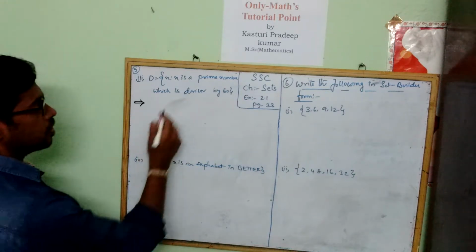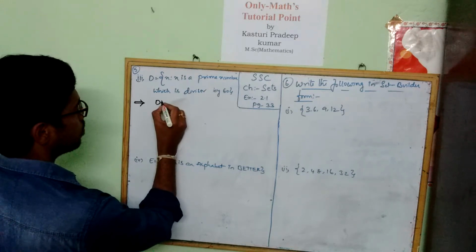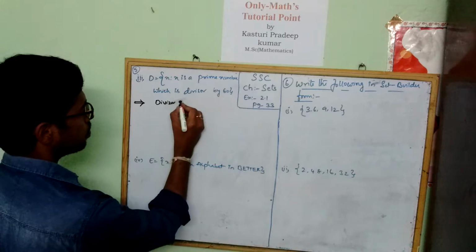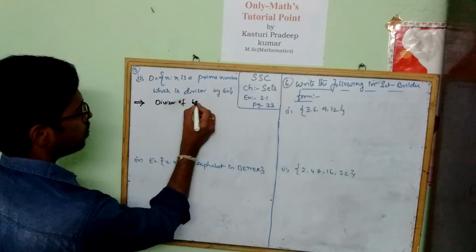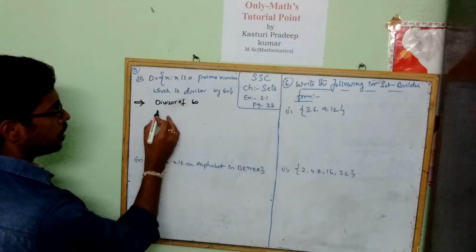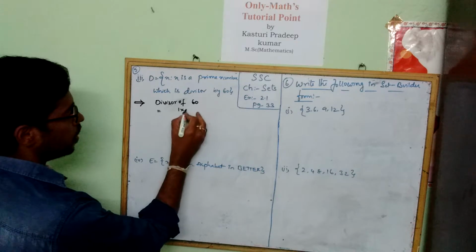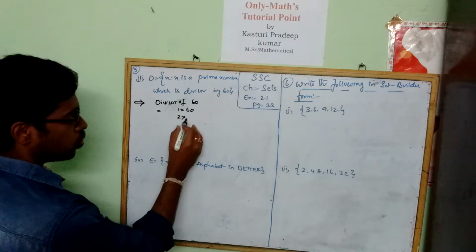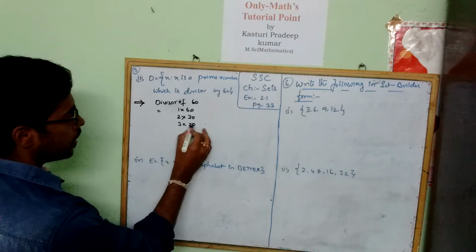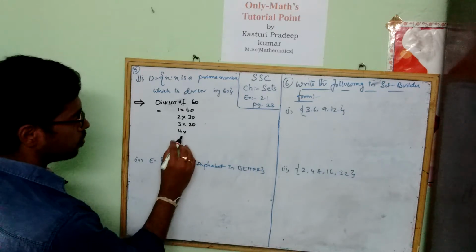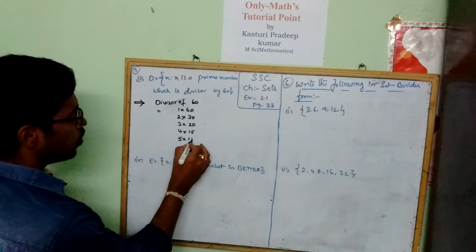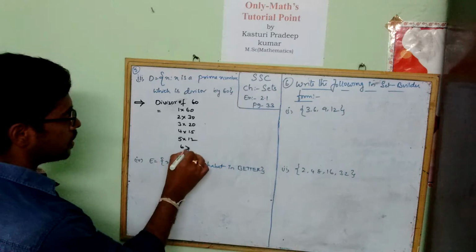Steps are needed, right? Divisor of 60. What we get? 1 into 60, 2 into 30, 3 into 20, 4 into 15, 5 into 12, 6 into 10.